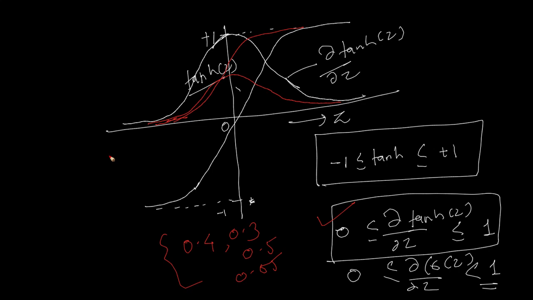The important takeaway is that the derivative of sigmoid is greater than or equal to 0 but strictly less than 1, and for tanh it is greater than or equal to 0 and less than or equal to 1. We'll use this knowledge in the next video to understand what the problem is if these are the derivatives, right?